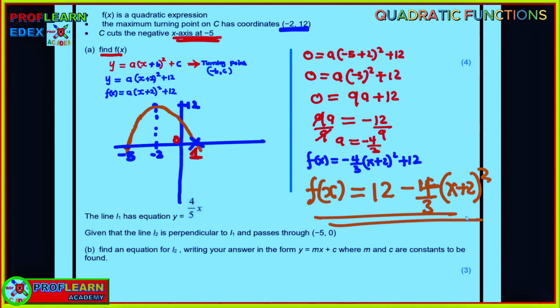Something that I would like to bring to your attention is that in A-level math final exams, a question will never be solely testing one concept. You will find questions that also include other topics.